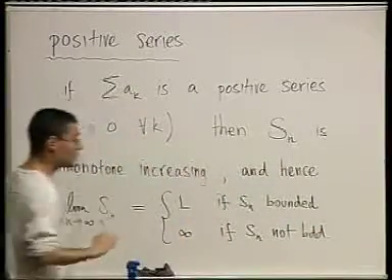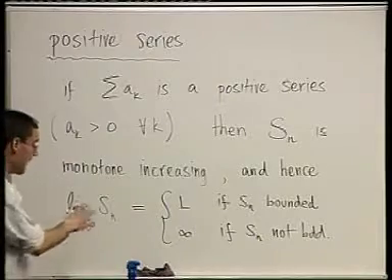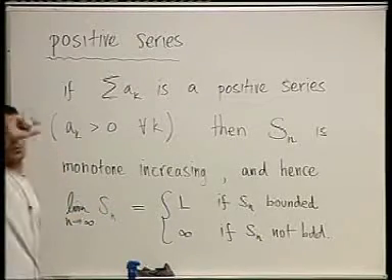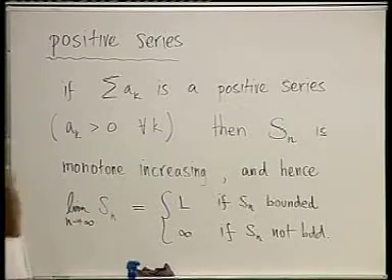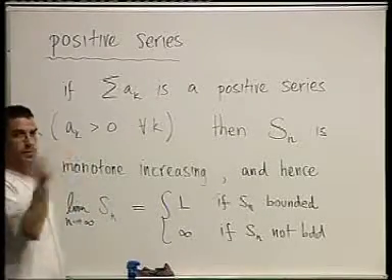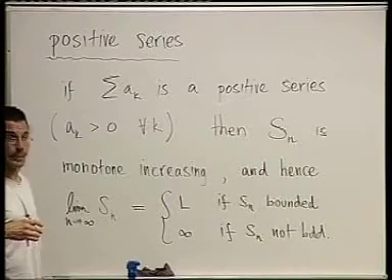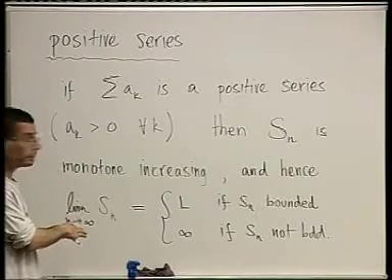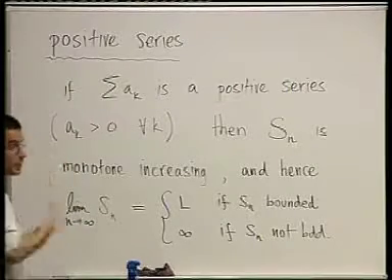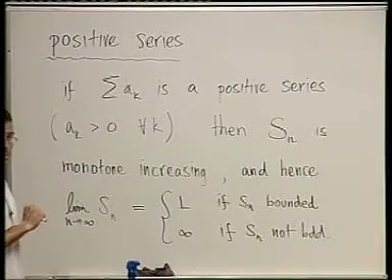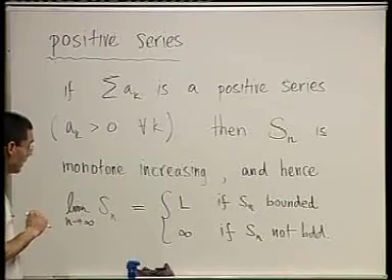And those are the only two cases. We can't have situations like -1, 1, -1, 1, where the sequence of partial sums diverged just because it bounced back and forth. Clear? Is it a theorem? You can call this a theorem. It's kind of like observations. Observations on positive series. Okay?